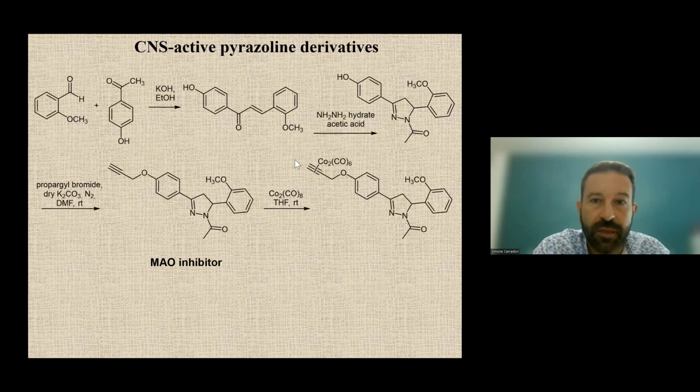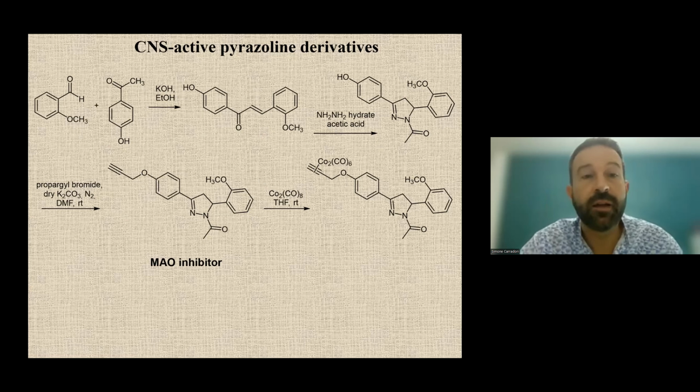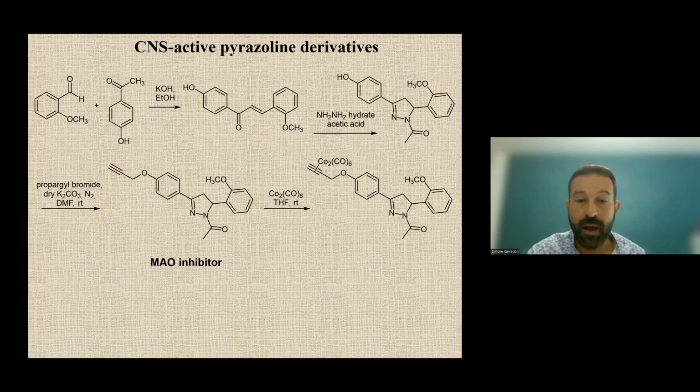Regarding pyrazoline derivatives, we selected this compound because we previously synthesized it through the formation of the chalcone and then the ring closure to the pyrazoline ring in order to have monoamine oxidase inhibitors, which are CNS active compounds, given the involvement of inflammation in CNS-derived diseases.